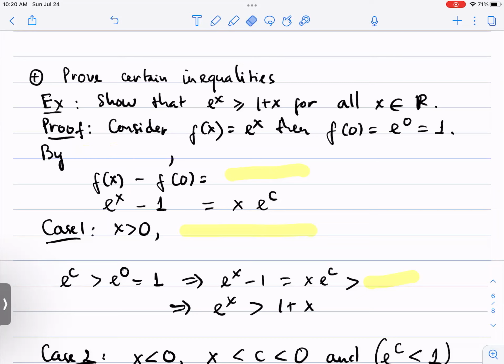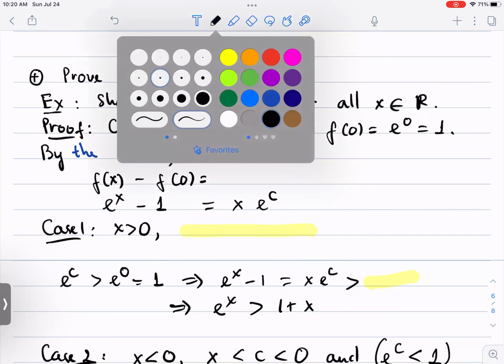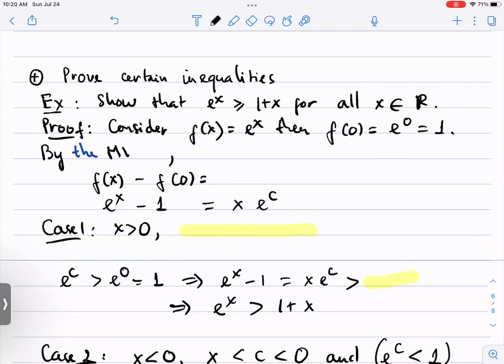So by the mean value theorem, we have f of x minus f of 0 is equal to f prime of c times x minus 0, for some c between 0 and x.